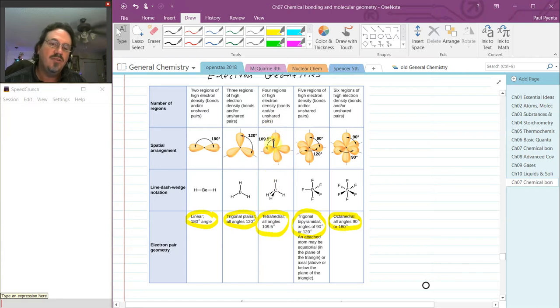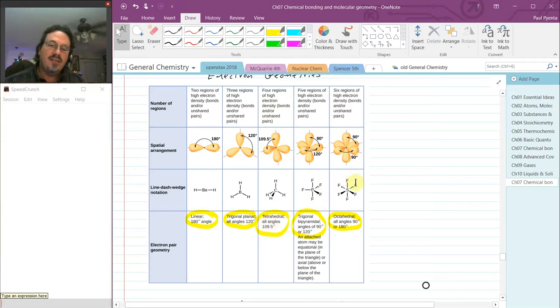Tetrahedral. The angles are 109.5. Actually, it's 109.47. Actually, it's the inverse cosine of negative 1/3. But anyway, you could just remember 109.5. That's the angle between any 2 of these things in a tetrahedral. Right? Angles are 109.5. Tetrahedral is its name.